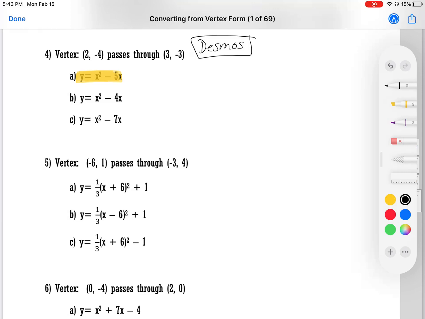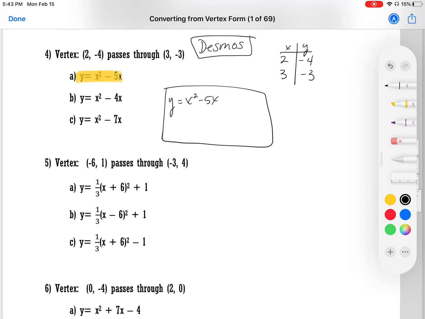The way that we check a table on Desmos, we're looking for the ordered pair 2, -4 and 3, -3. So on your Desmos screen, you typed in y equals x squared minus 5x. And then it gave you the graph of this equation. It looks something like this.